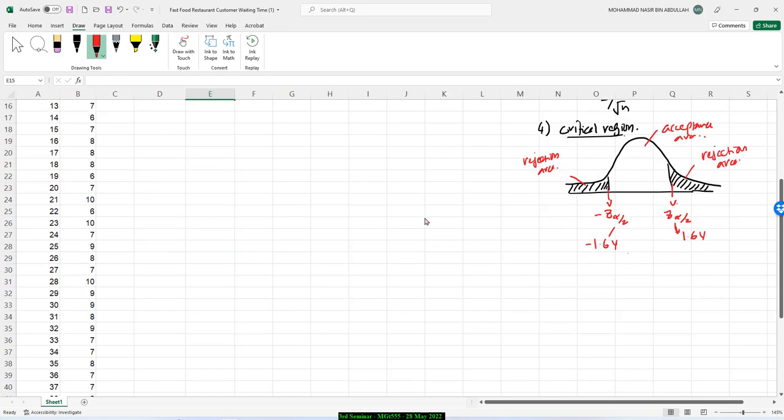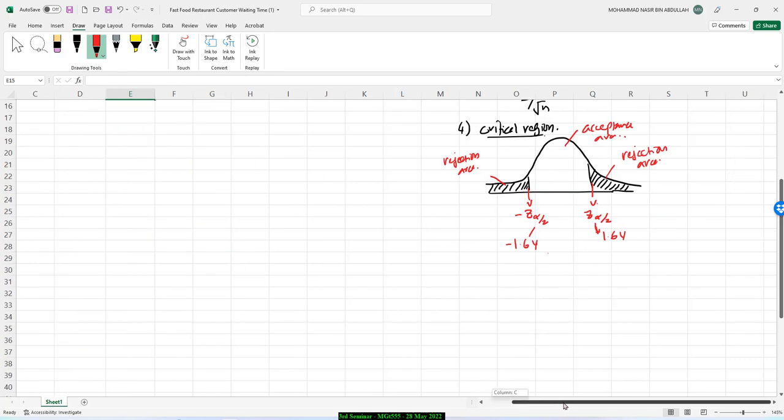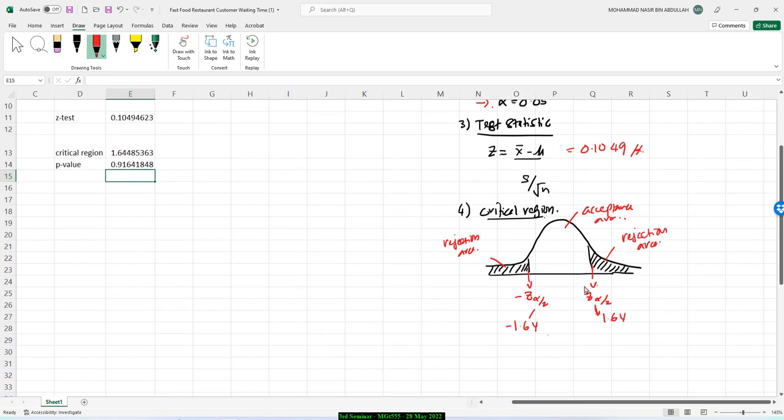So the next step, right, kita tengok dekat sini, right? So now step number 5. Step number 5, our decision rule, right? If Z calculated, apa dah? Inilah. Ini adalah Z calculated.